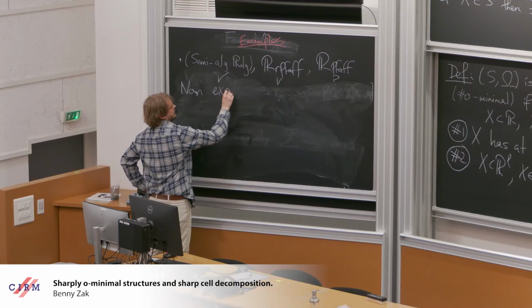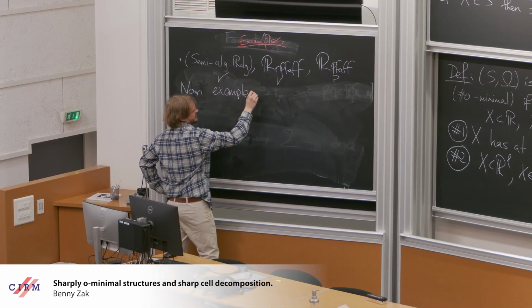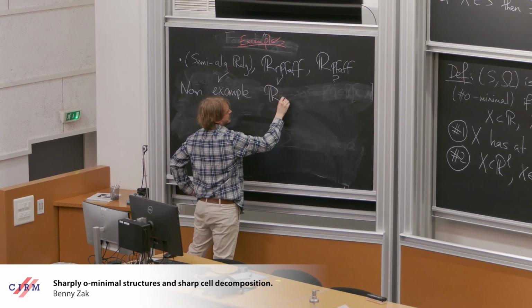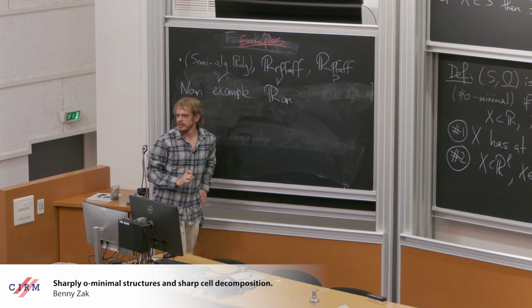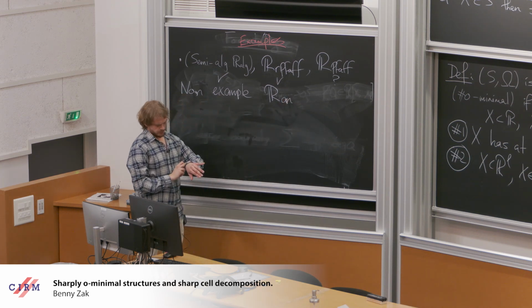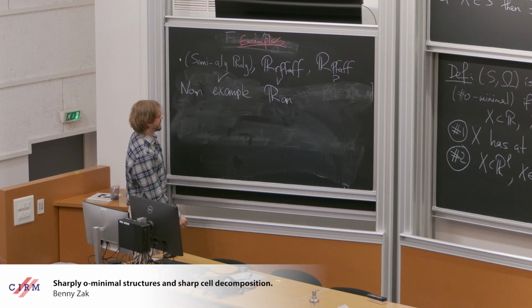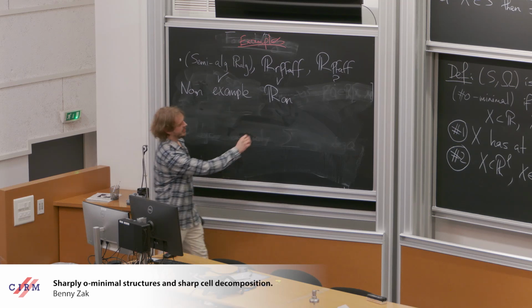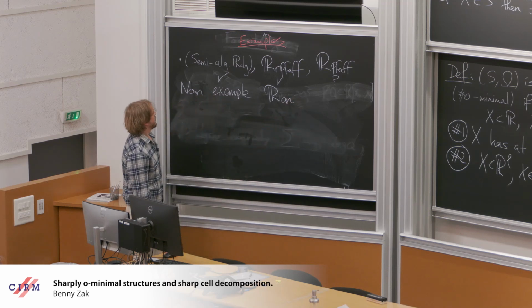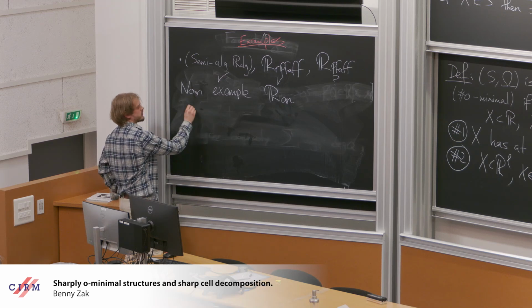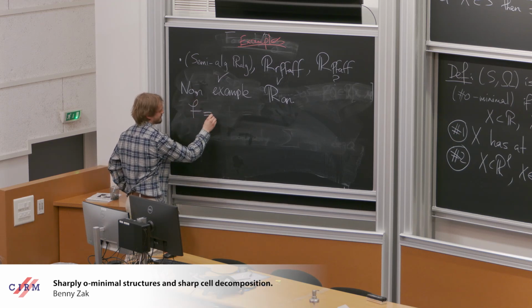So a very interesting non-example is R-an, the restricted analytic structure. I think you can ask me questions and I can try to answer. All right, let's consider the following function.